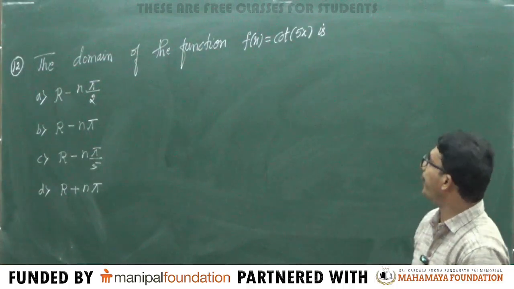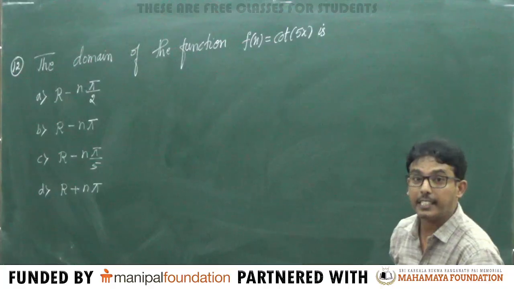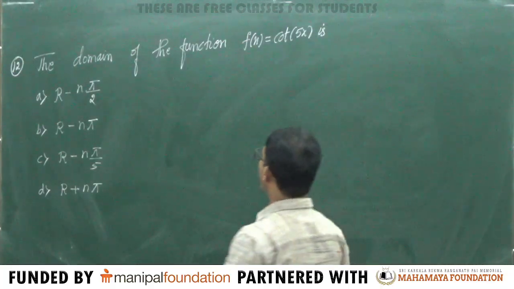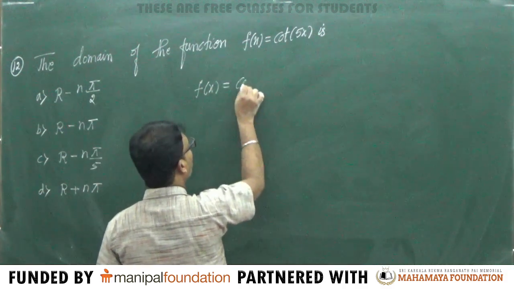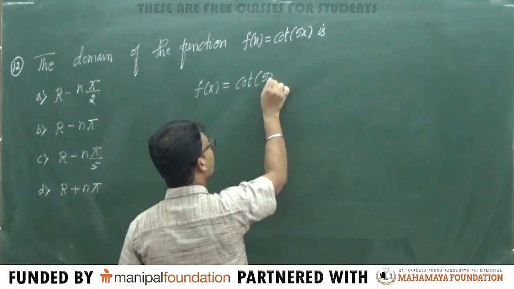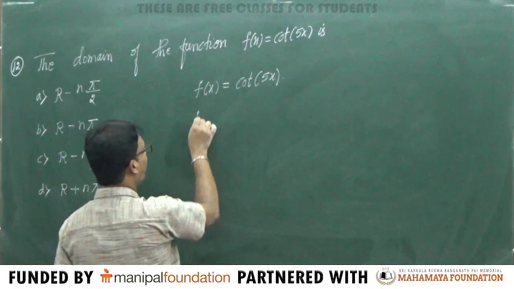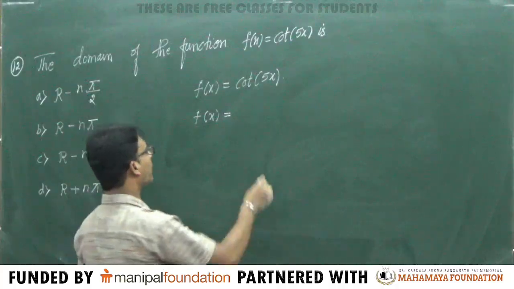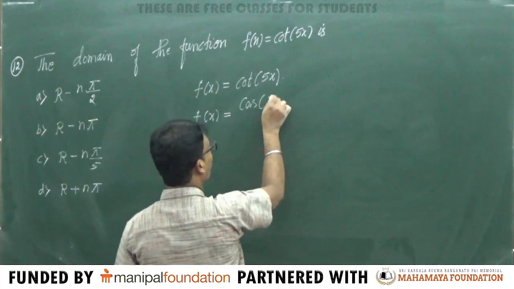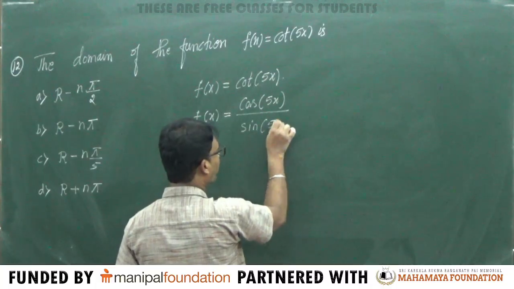So here we need to find the domain of a function for which the given function is defined. The given function is f of x is equal to cot of 5x, and we can write this trigonometric function as a rational function, cos 5x upon sin 5x.